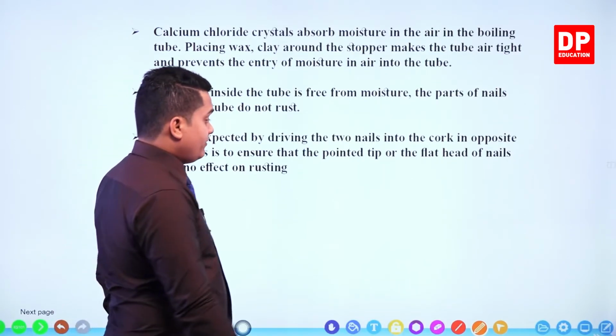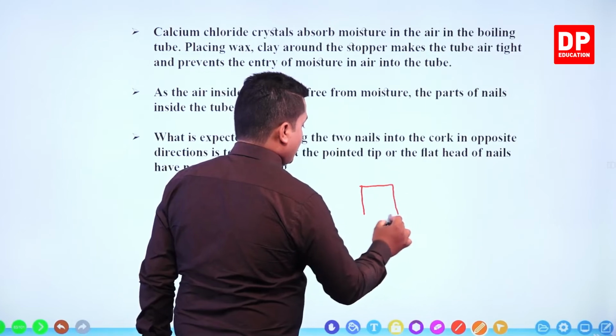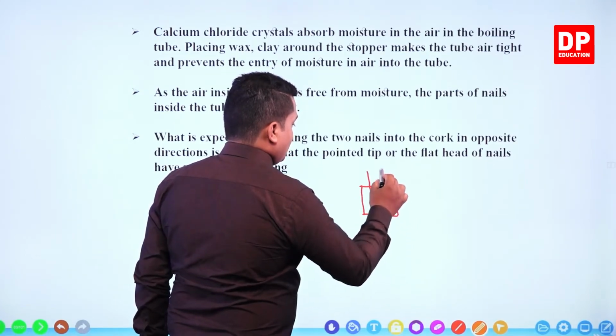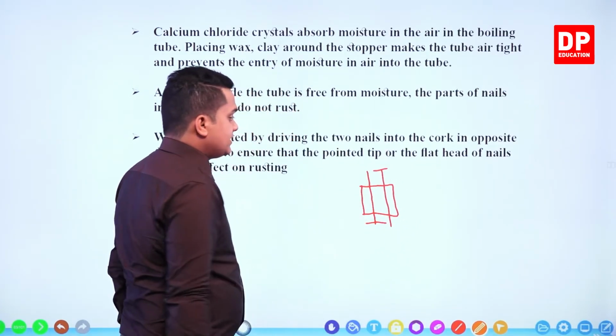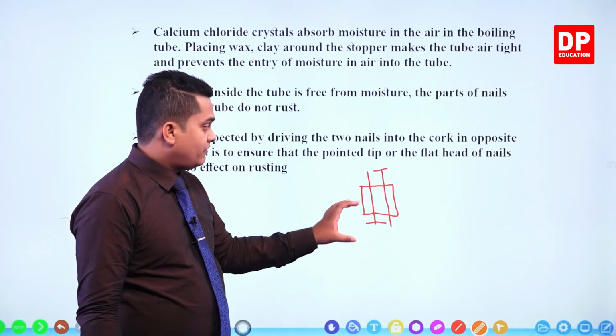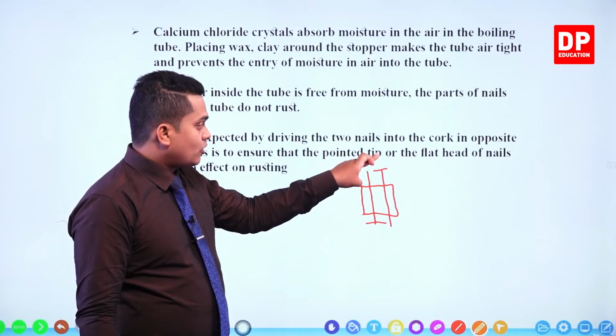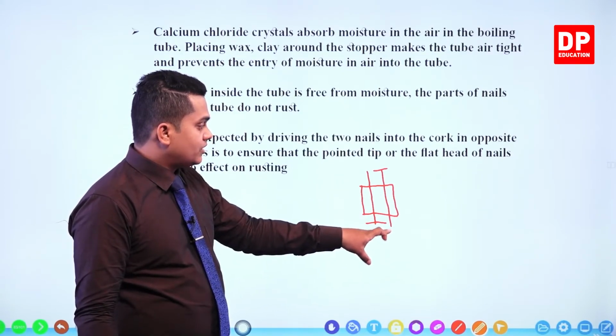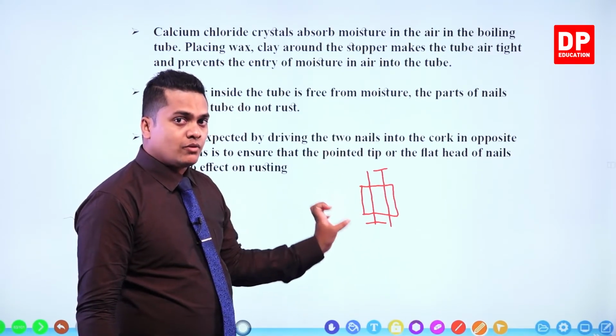So I told you that when you are inserting that iron nail into the cork, we have to insert it like this, in opposite directions, upside down, so that they have equal tops and bottoms.